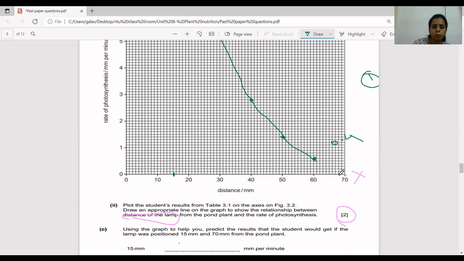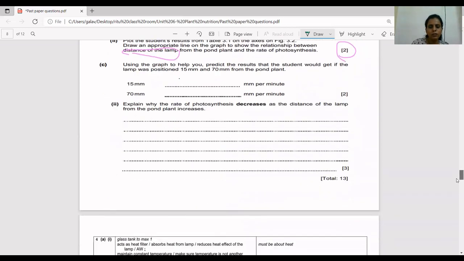So you can take 0.1, 0.2 or 0.3. So your value should be between 0 and 0.3. This is how you have to apply common sense and predict the result when the lamp was placed at 15 millimeter and 70 millimeter distance.